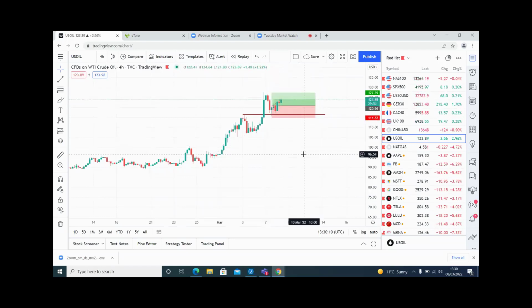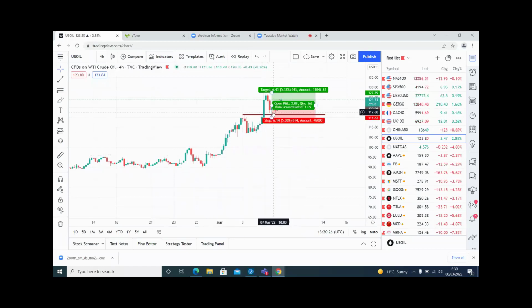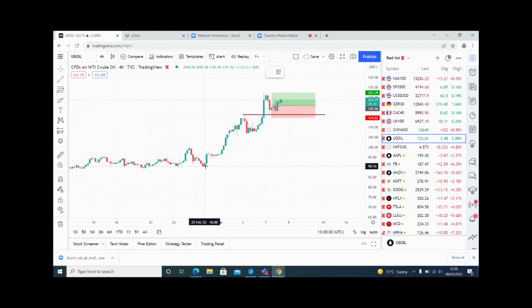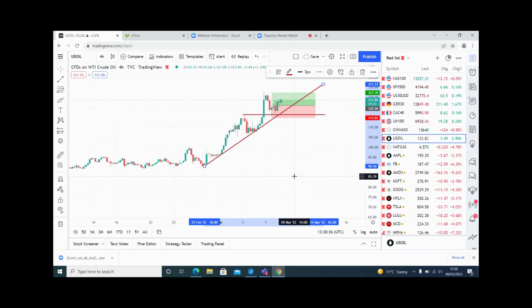So you have a 1-to-1 there. So at the minute, you're probably about 0.4% up. I don't think you're quite halfway up. Do we expect this to continue going, or would we expect this to be stopped out? How many people took that?